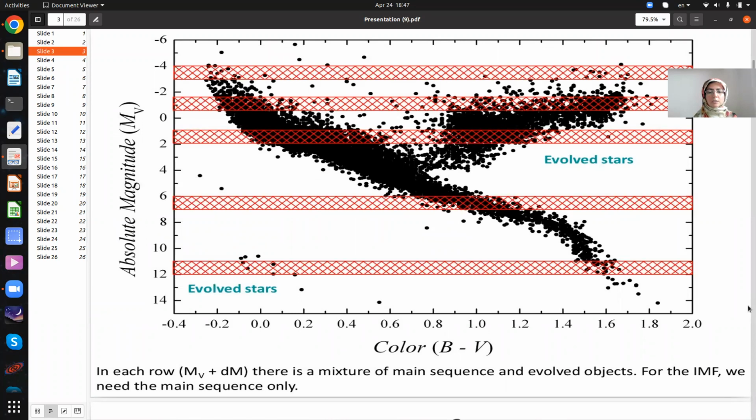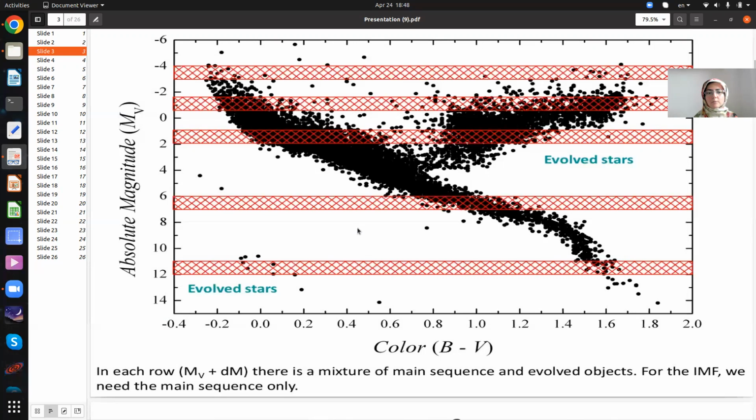Here you see in each row, MV plus dM, as we selected them, there is a mixture of main sequence and evolved objects. For the initial mass function we need the main sequence only, not the evolved objects.